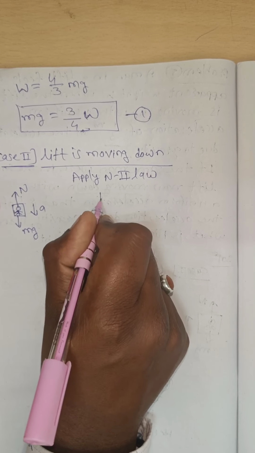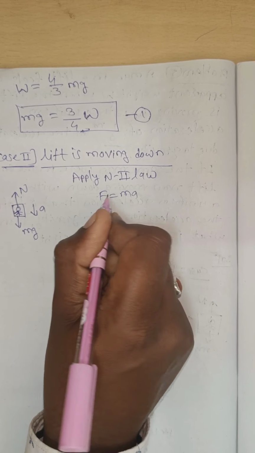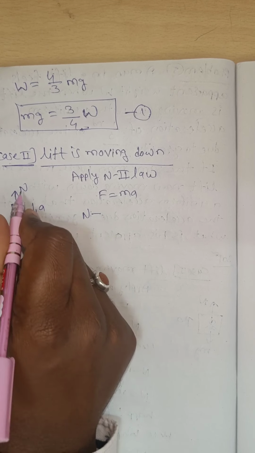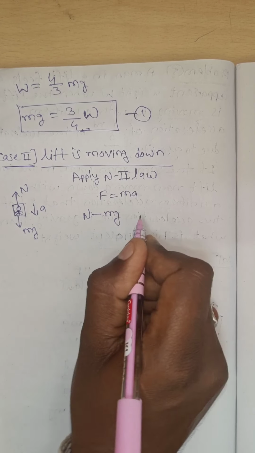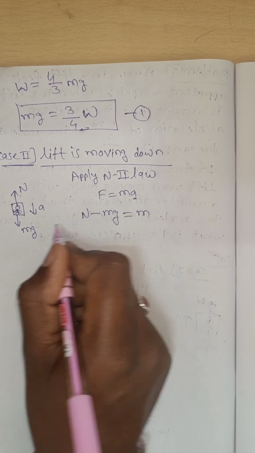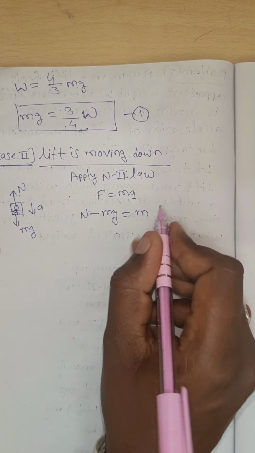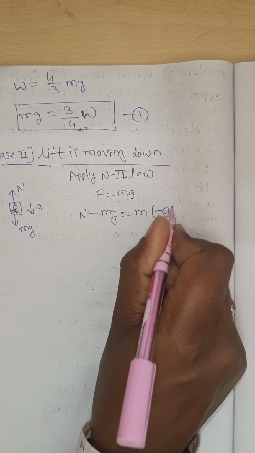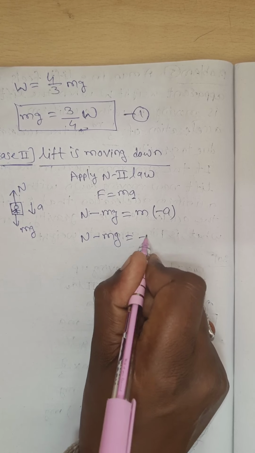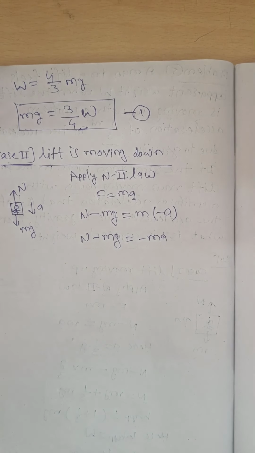What is Newton's second law? F is equal to ma. The net force acting on that person, normal reaction upward and mg downward, is equal to mass into acceleration. Acceleration is in the downward direction, that is minus a. Therefore N minus mg is equal to minus ma.